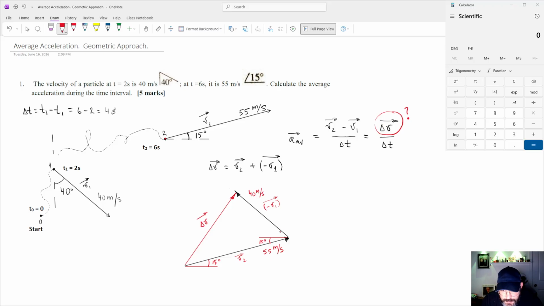Okay, and this angle here is 50 degrees, right?